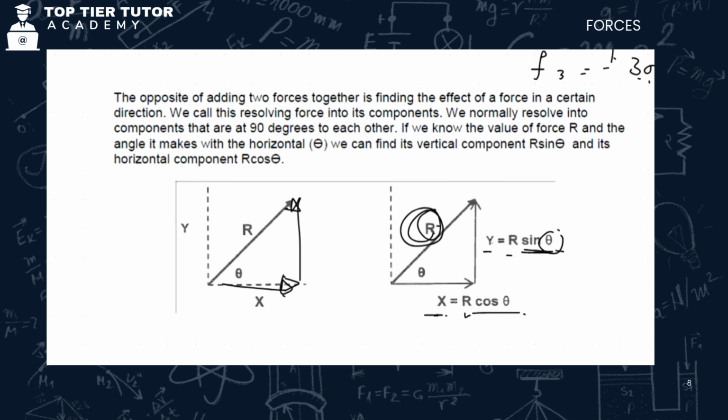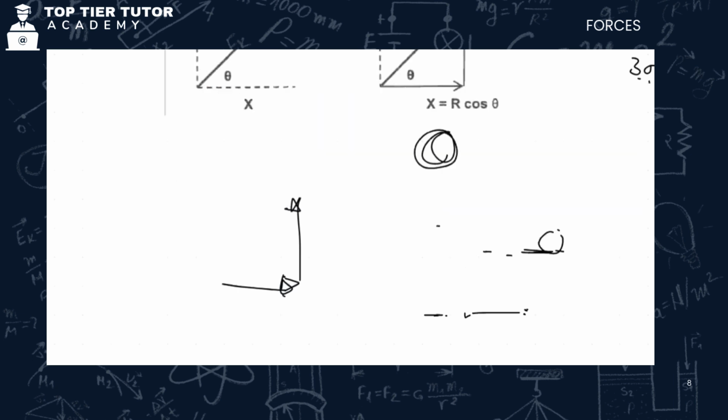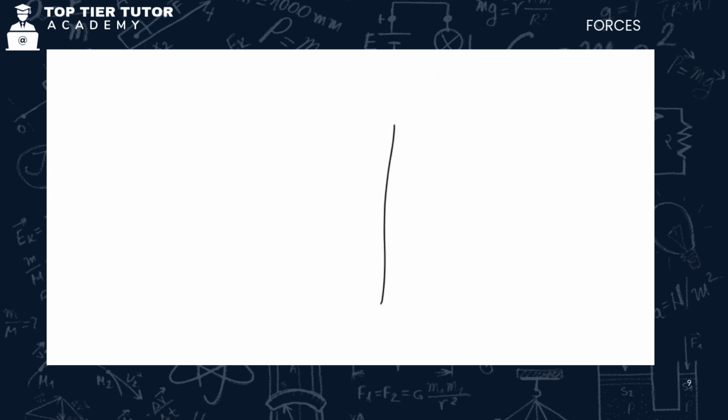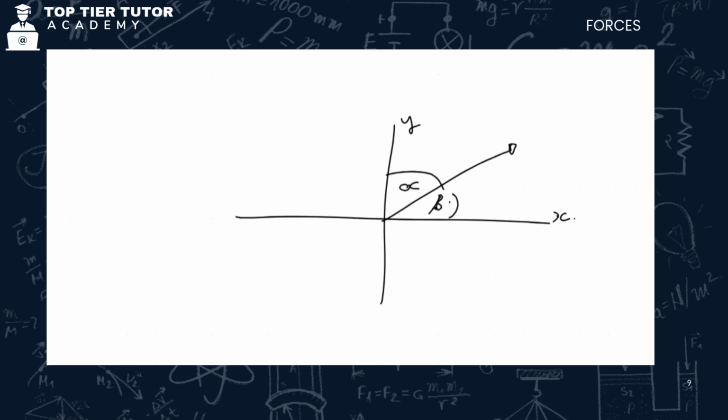I just want to say that whether you use cos or sine is purely dependent on the graph or on what angle they give you. So for example, let's just say that you are given this force over here. We have said this is our y direction, that is our x direction, but they chose to give you this angle alpha instead of giving you this one, because we're so used to using that angle, to call that angle beta.